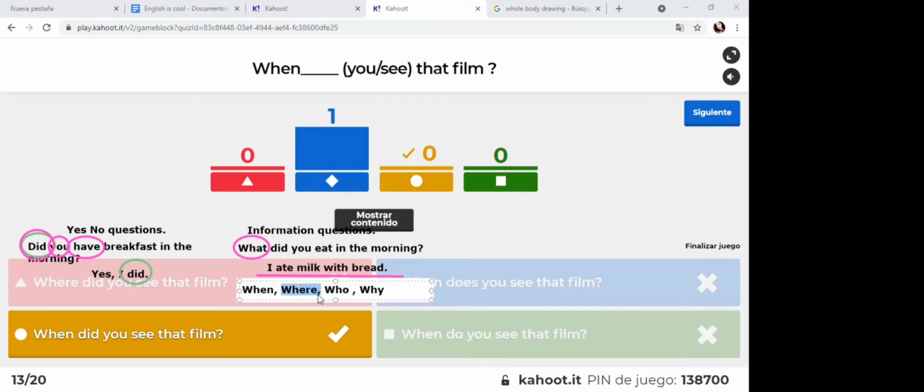For example, where did you eat in the morning? Where? I ate in my house. Okay. Remember, complete sentences. I ate in my house. Who did you eat with?